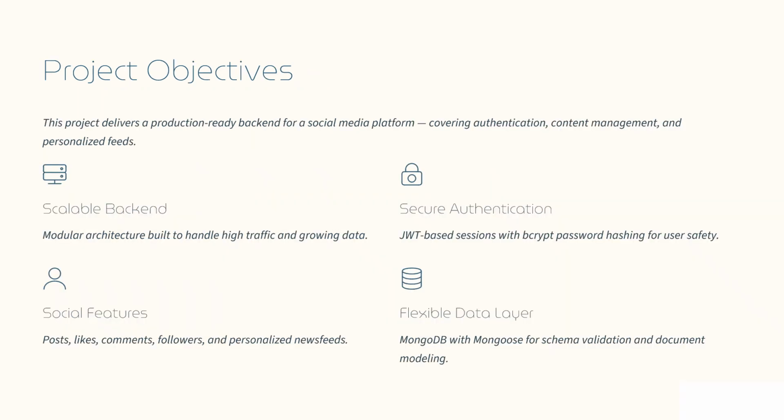Project objective. The main objectives of this project are: first, to build a scalable backend architecture capable of handling multiple users and requests efficiently. Second, to implement secure user authentication using JWT and password hashing.